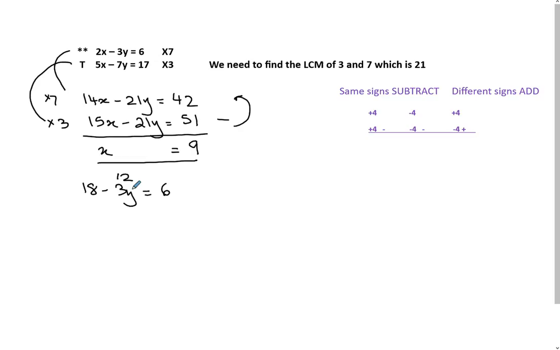So you know 3y equals 12. So divide by 3 and you've got y equals 4. And then we're going to test it. So 5 times your x value, so 5 times 9 is 45. Minus 7 times 4 is 28, and we get 17, which agrees, and you tick.